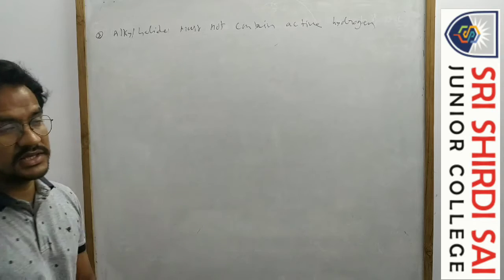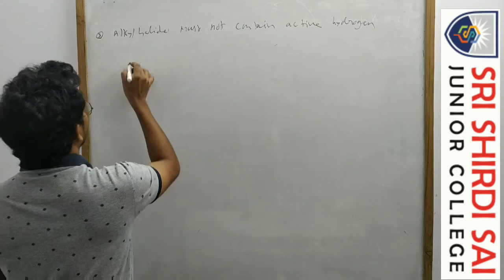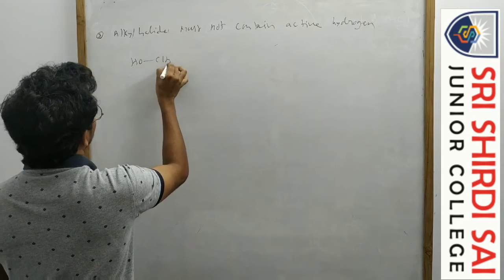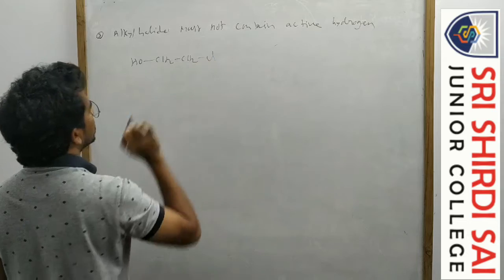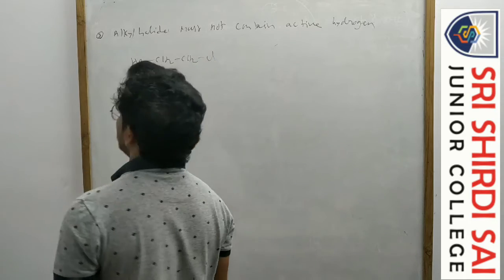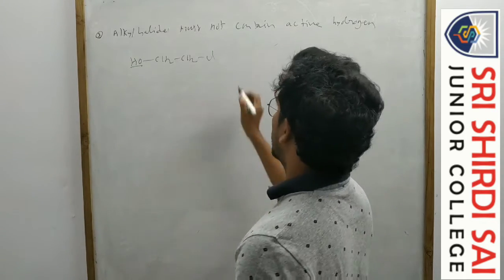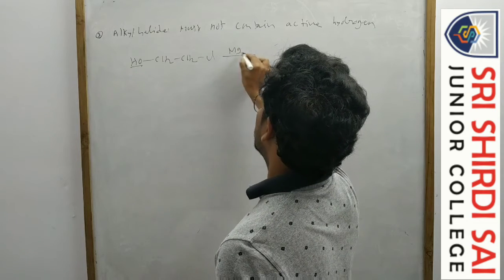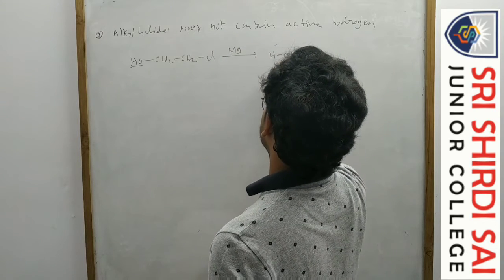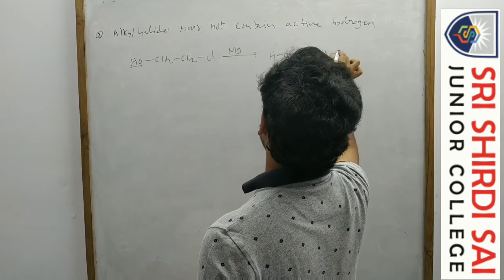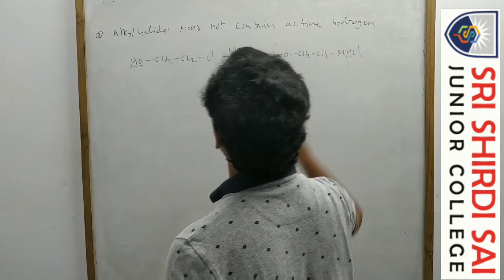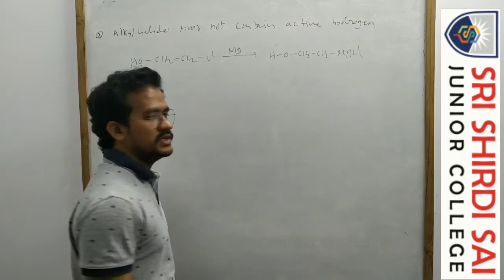Active hydrogen means acidic hydrogen. What is the problem with a compound containing acidic hydrogen? For example, here there is an OH, so active hydrogen is present, and there is also a halogen. Treating this with magnesium gives HOCH2-CH2MgCl.